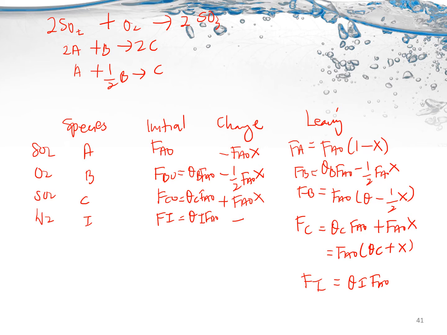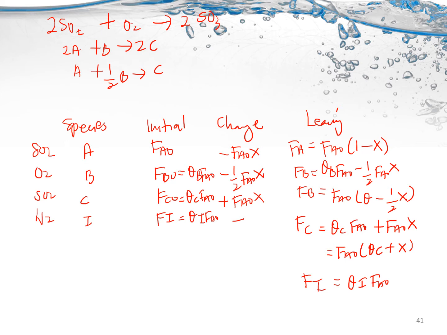Okay, so from here you need to find the final concentration for all components. Okay, so it asks what is CA, what is CB, what is CC, and what is CI. Okay, so from there, this F you have to convert to a concentration.